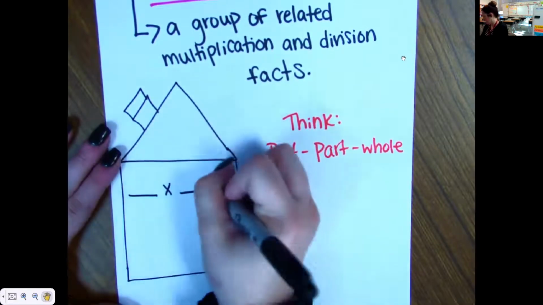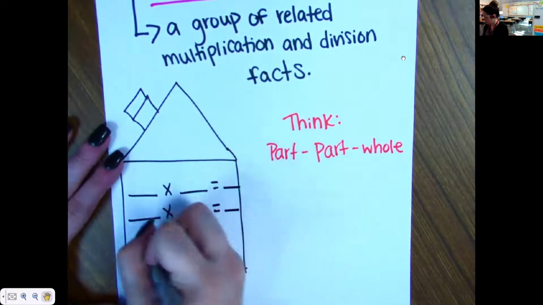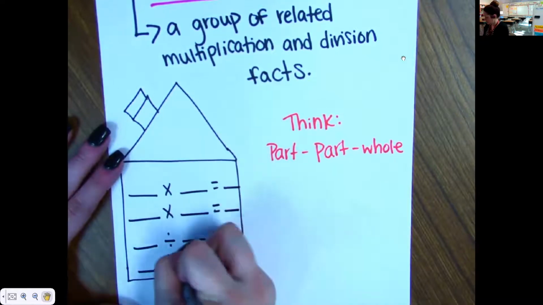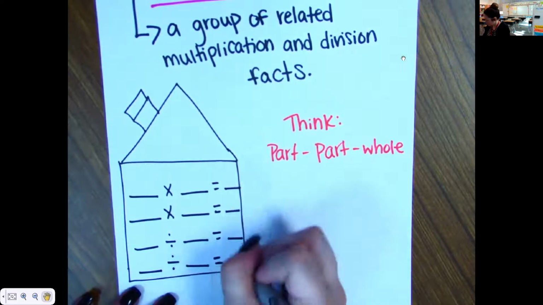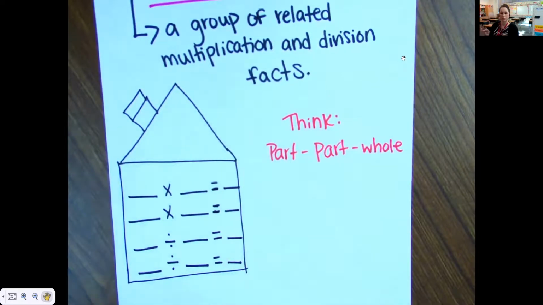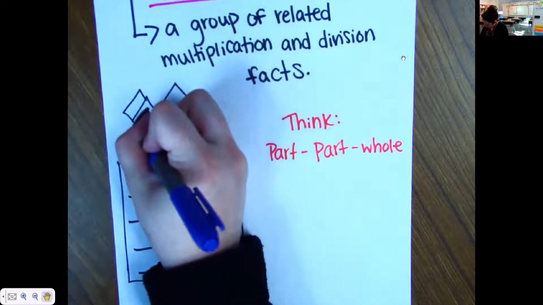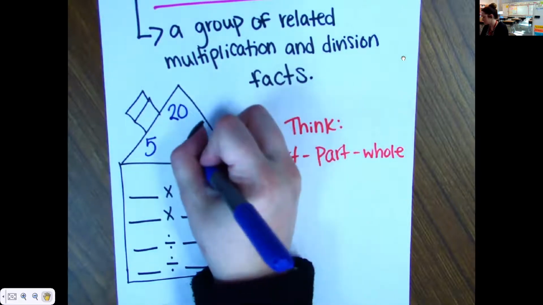And remember, you're going to have 2 multiplication facts and 2 division facts. And then you'll have 3 numbers up here. You may even have 2 numbers and then a missing number.